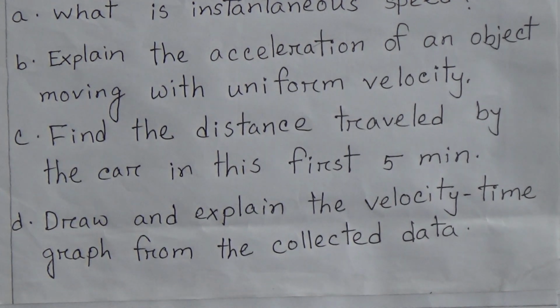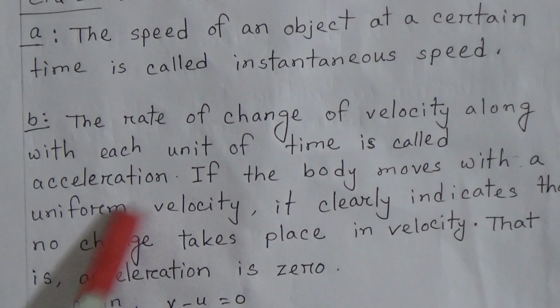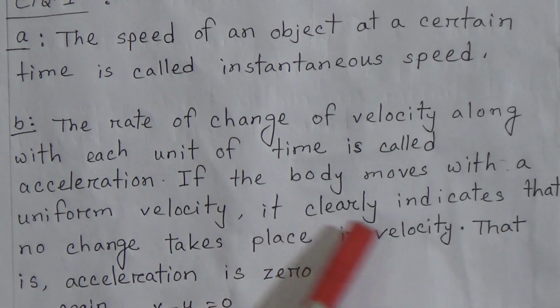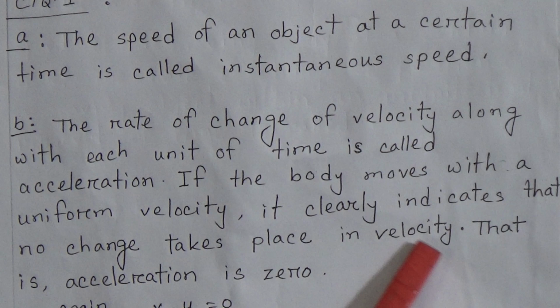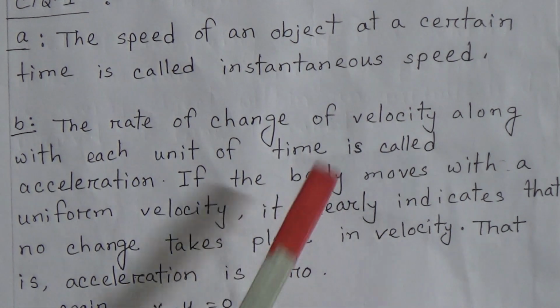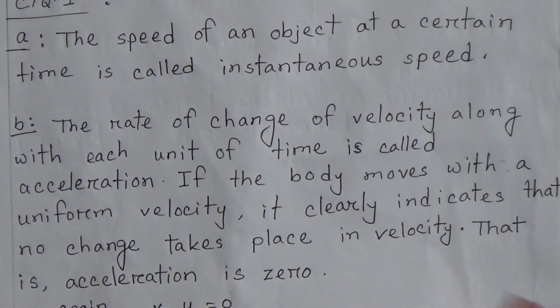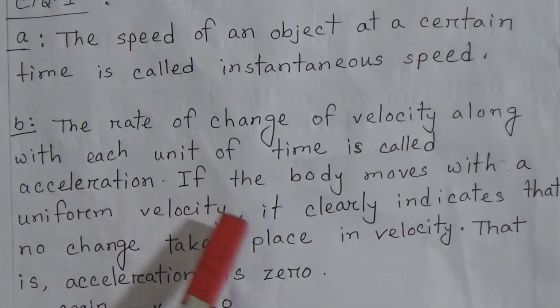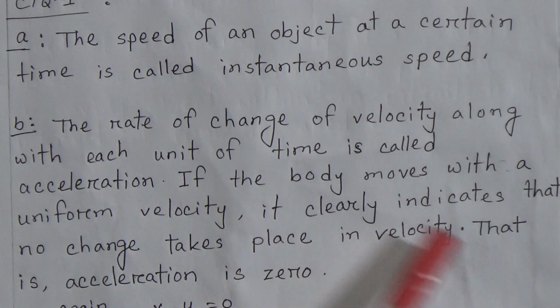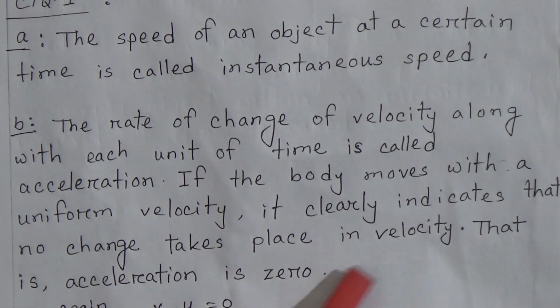If a body moves with a uniform velocity, it clearly indicates that no change takes place in velocity. For example, if a car moves with a uniform velocity, no change takes place in velocity.